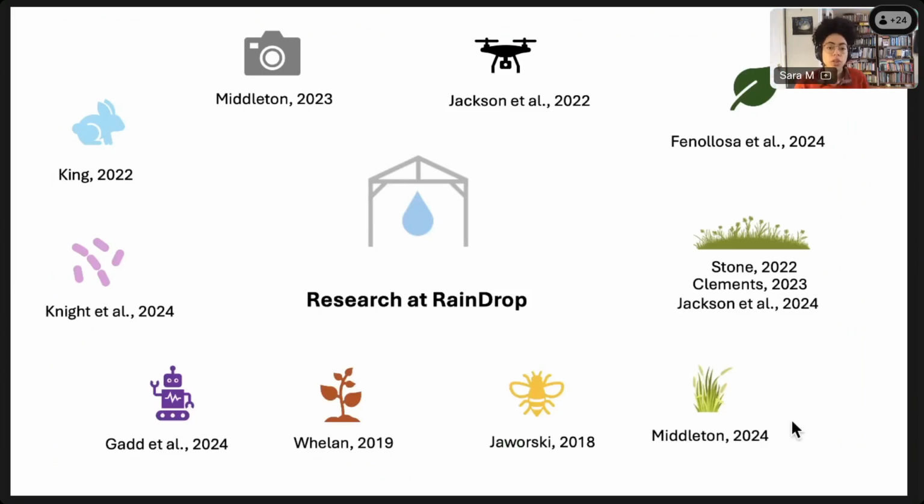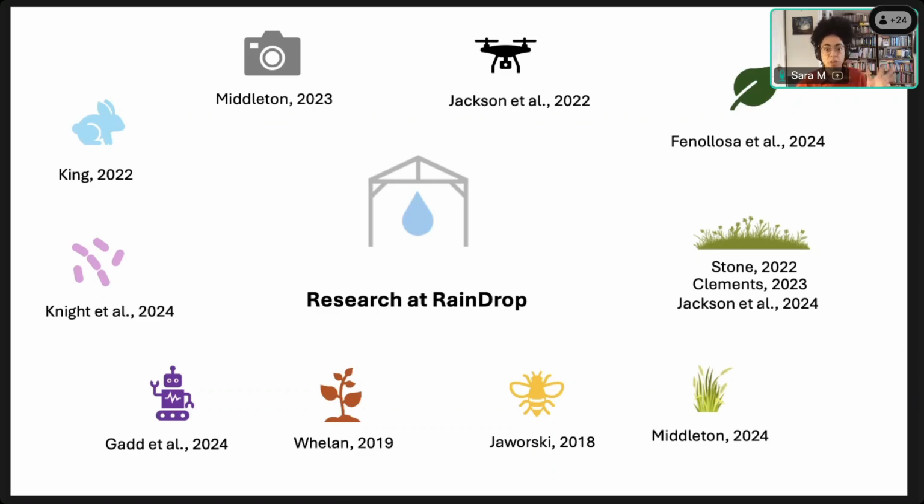I also want to acknowledge that the research at RainDrop is really vast, and what I'll speak about today sits in a wide context of other research. There's been research done on plant pollination interactions, on some below ground things, to trying to automate vegetation monitoring, even looking at soil microbiota, to plant traits and community vegetation responses and herbivores.